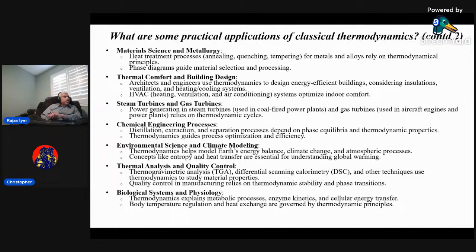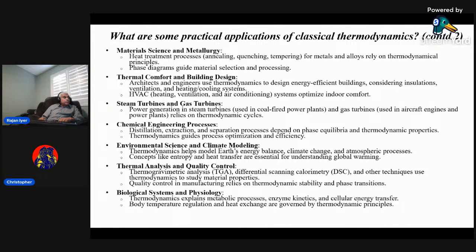Insulation, ventilation, and heating, cooling systems. Then we have heating, ventilation, and air conditioning, HVAC, to optimize indoor comfort. And that's critical for some people more than other people, especially depending on what zone we are living in. So they become quite important.